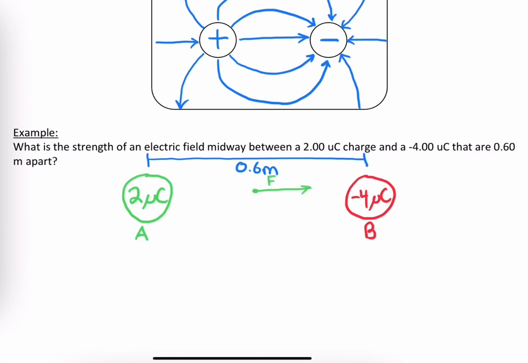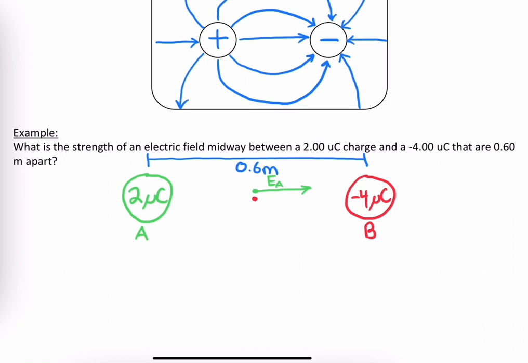And that's the electric field from A. But if I look at the electric field created by B, the part of the electric field that comes from B, what would I expect there? Well, midway between the charges, I would expect the electric field to go towards this negative charge. So again, I would have an arrow going the same direction.